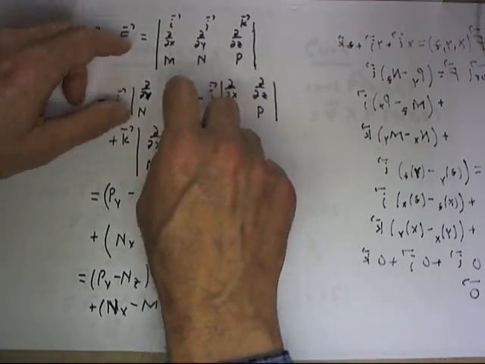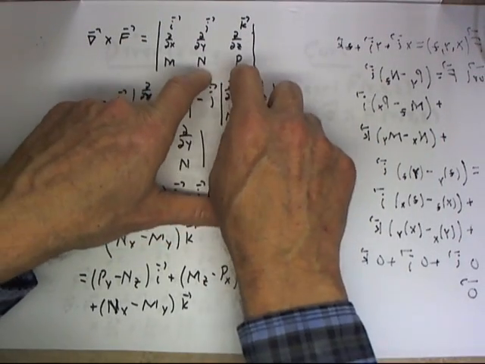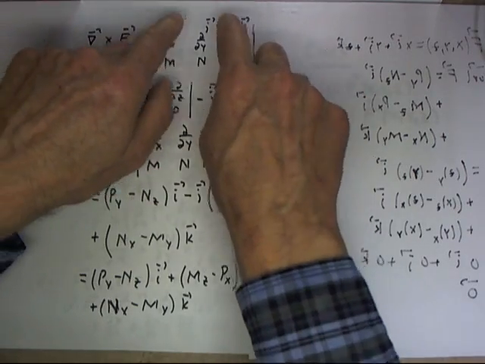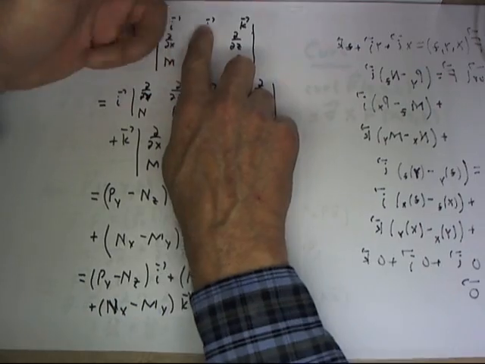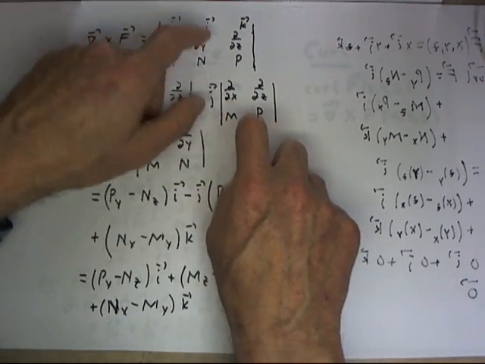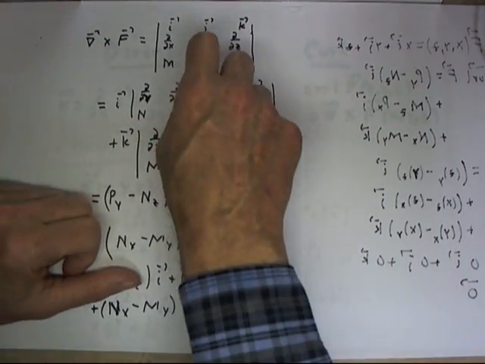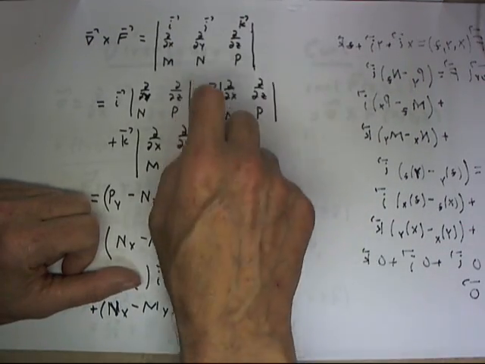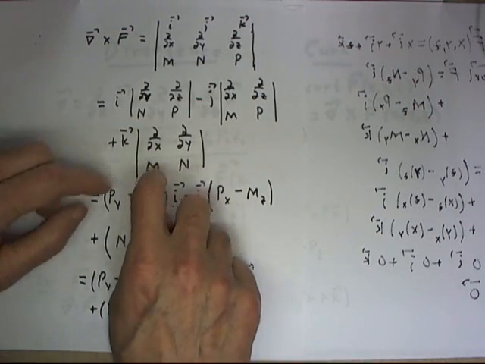Doing the calculations, and you can look back at the original clip where the resolution wasn't good, we do the minor for i, multiplied by i, minus j times its minor, the one we get by removing the j row and column. And then k times the minor that we have here.